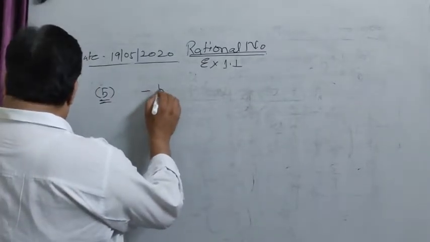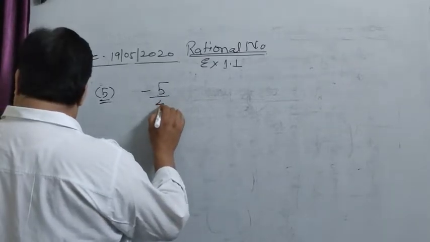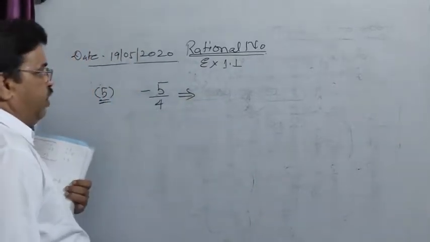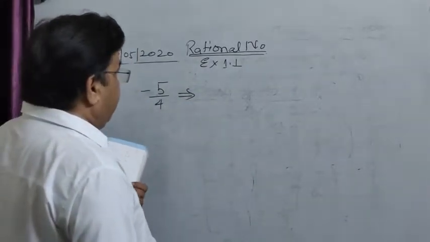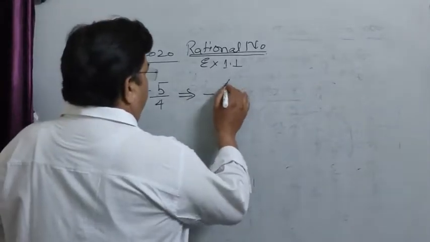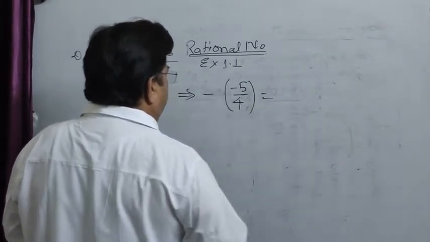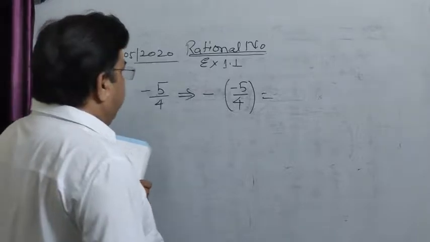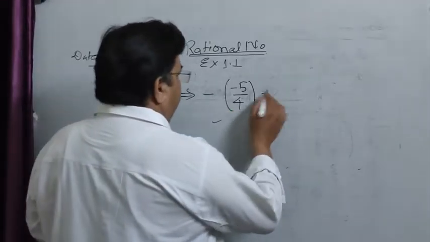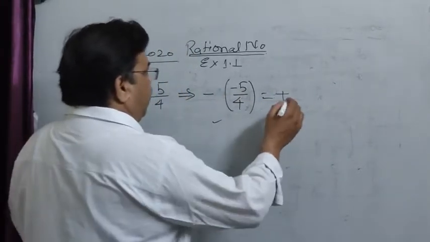Minus 5 upon 7. First of all, we have to write the additive inverse. How can we write it? You only change the sign and write the additive inverse. Open the bracket, and minus multiplied by minus, you will get a positive sign.